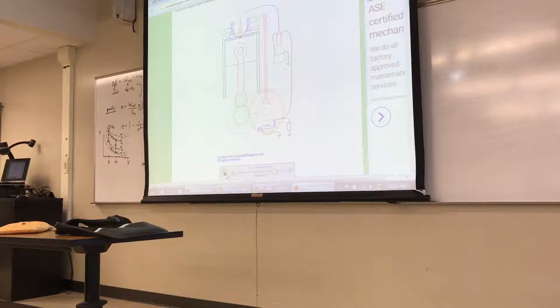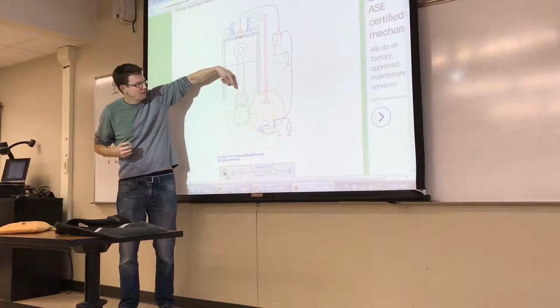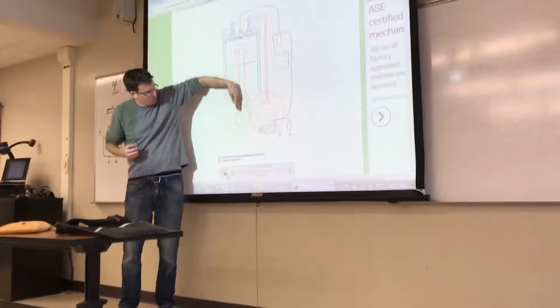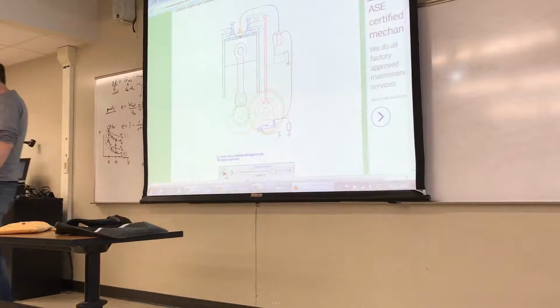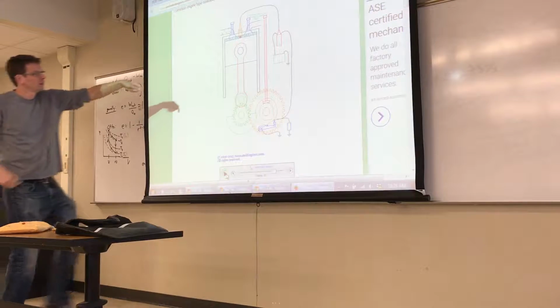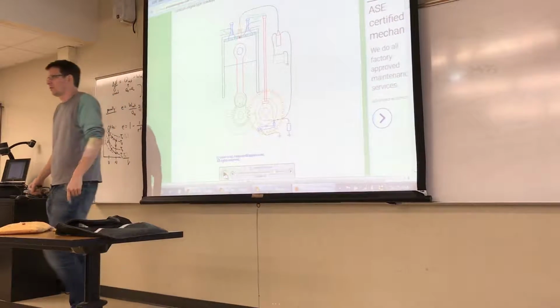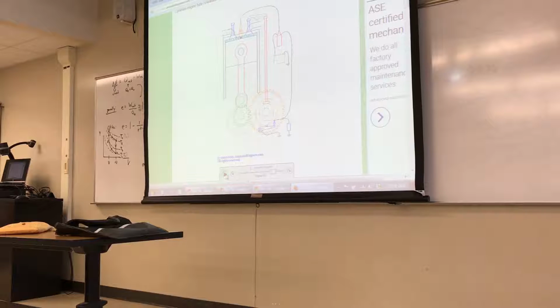If it ignites slightly too early, either because of the pre-ignition problem or your spark plug is just badly timed, you can explode this, and what happens is that this tries to just go whoosh and radially smash the axle, right? So what happens if this gets smashed right through there? That's going to break the engine. So that's called engine knocking. You may have heard of that. That's a much more serious problem.